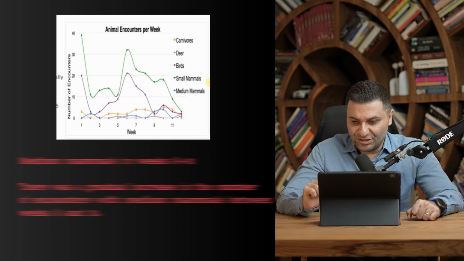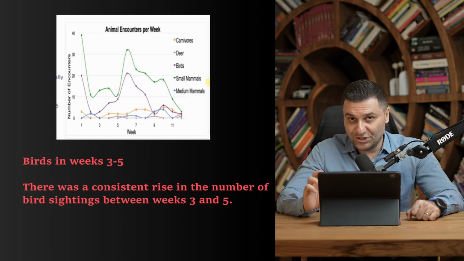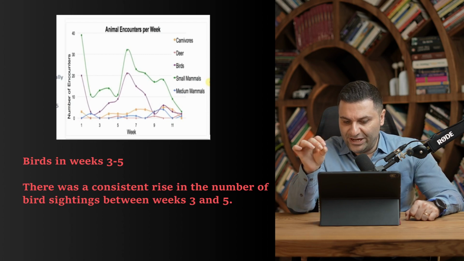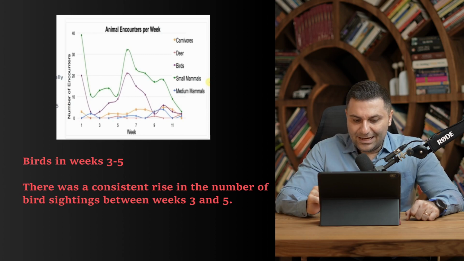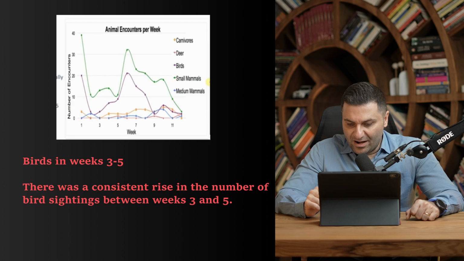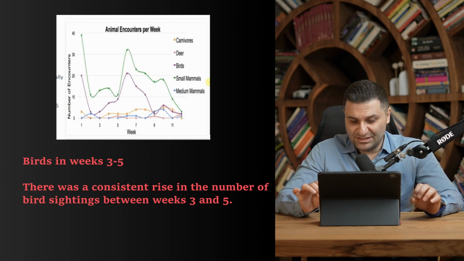And my last question is about birds, the purple line, in weeks 3 and 5. In week 3, the number was around 3 or 4. And in week 5, it was approximately 10.